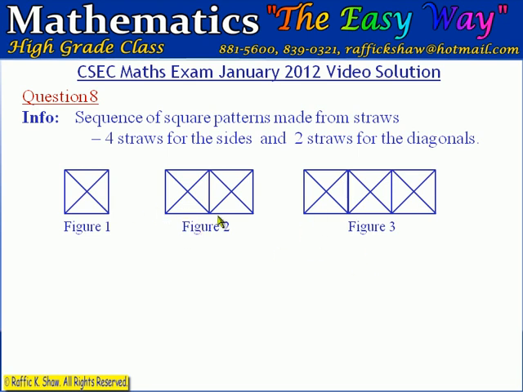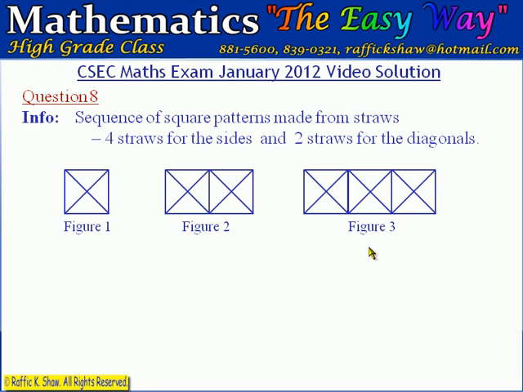Now if you observe, what really happens is that 5 straws are added to each figure, because there are 6 straws in the first figure, but then to get the second figure we add 5. So 5 straws are added to the first figure to get the second one, and then 5 straws are added to the second figure to get the third one, right? So those are our initial observations.